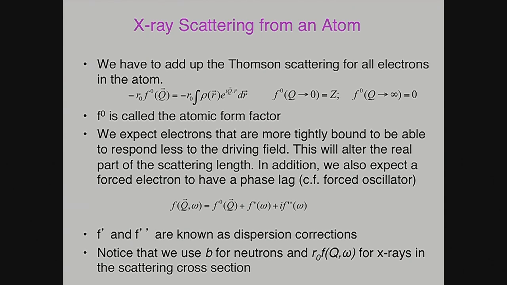Think of it, if you want, as the Fourier transform of a Gaussian being a Gaussian, with some width determined by the width of the Gaussian in real space. This Fourier transform of the electron distribution is called the form factor. So in neutron scattering, there is no form factor; it's constant as a function of Q. But with X-ray scattering, it damps.